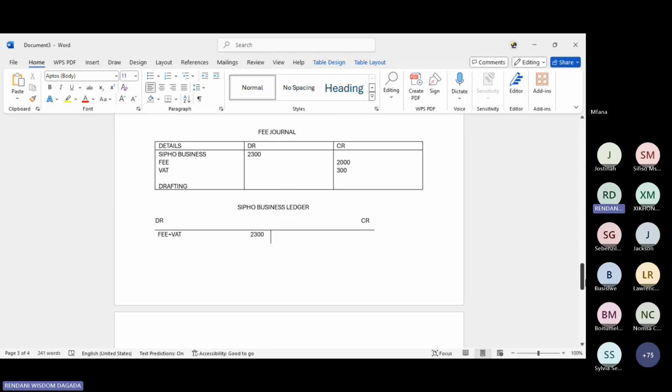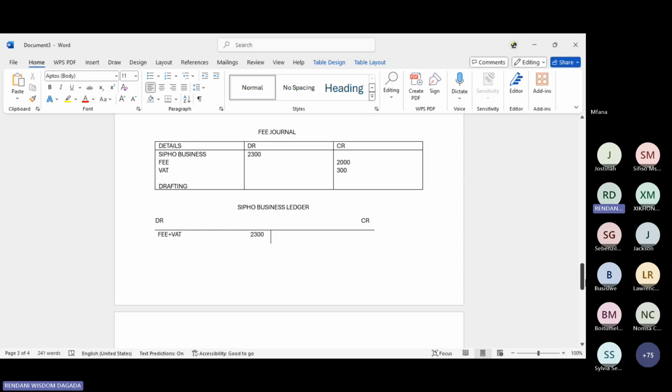When you get to the business ledger, it's debit side minus credit side. That will give you the answer. In this scenario, there's only 2,300 on the debit side minus nothing on the credit side, which means SIPO owes us 2,300. Now, we are going to pay ourselves that 2,300 via the TCB to the BCB.